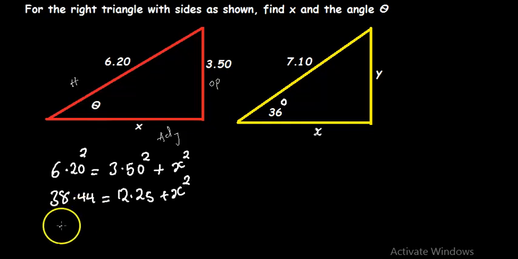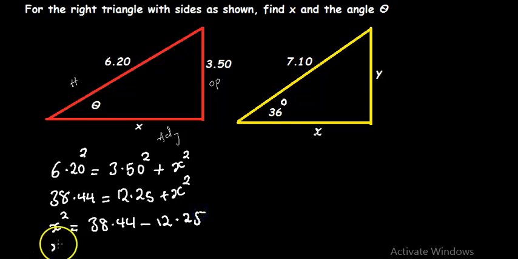So x squared is simply going to be 38.44 minus 12.25, which is 26.19.